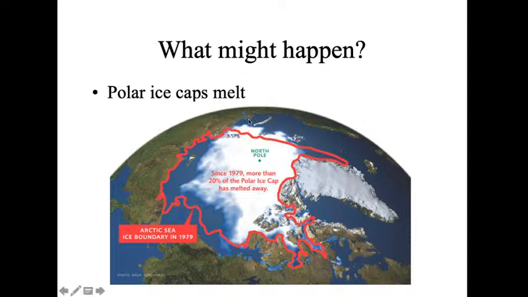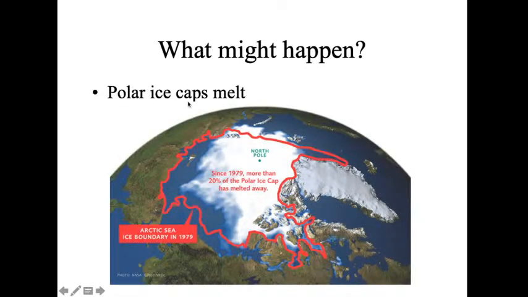So the ice is important in giving the Earth that albedo of 0.3. 30% is being reflected on average. So as we're melting more, we're going to have a smaller and smaller albedo, which means that less and less of that solar energy is being reflected and more of it is being absorbed by the Earth to then be emitted as infrared, and increase the temperatures of the surface of the Earth.